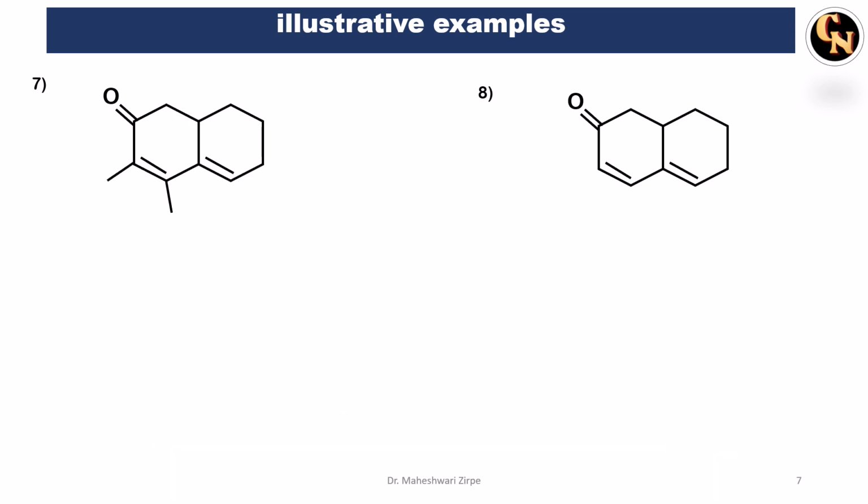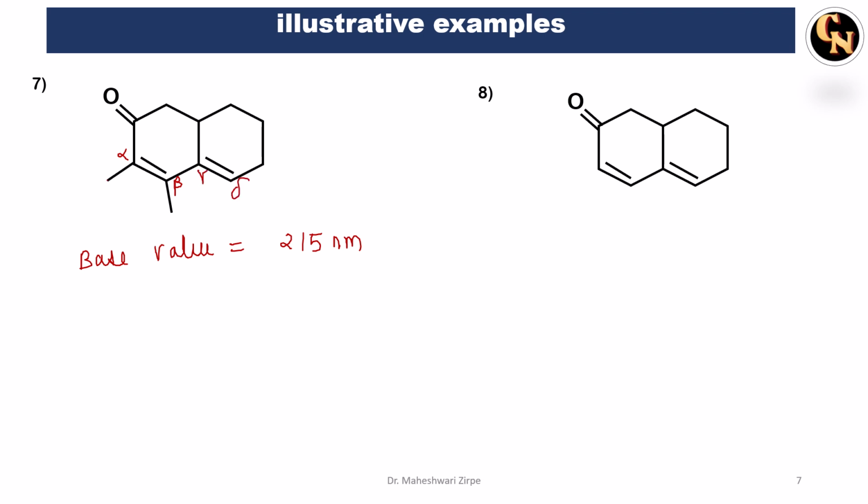Now the next one, that is the seventh. If you see, there is an enone system. So let us write the base value first. Base value comes out to be 215 nanometer. Let us label them alpha, beta, gamma and delta, correct?